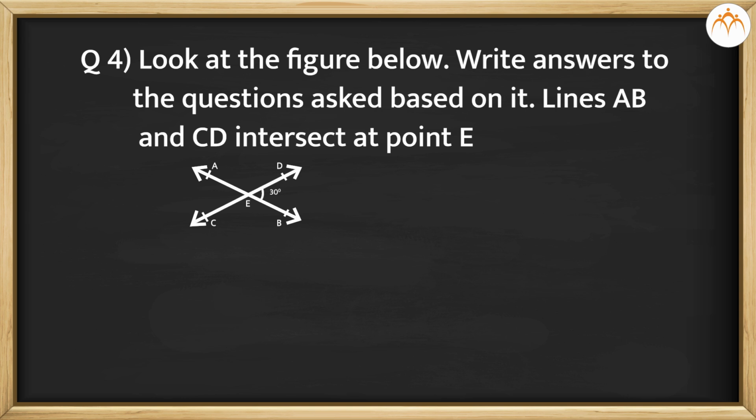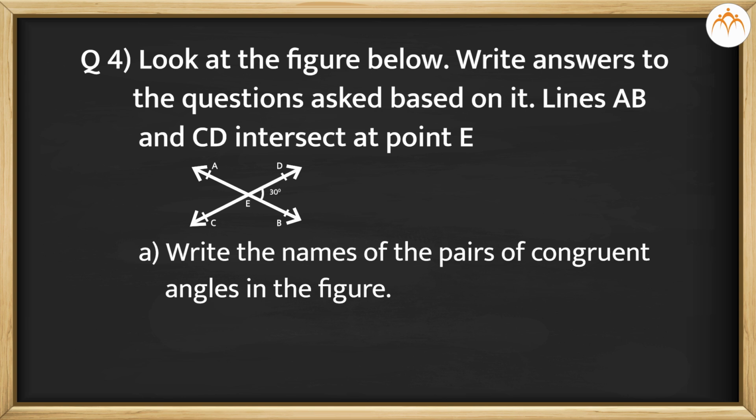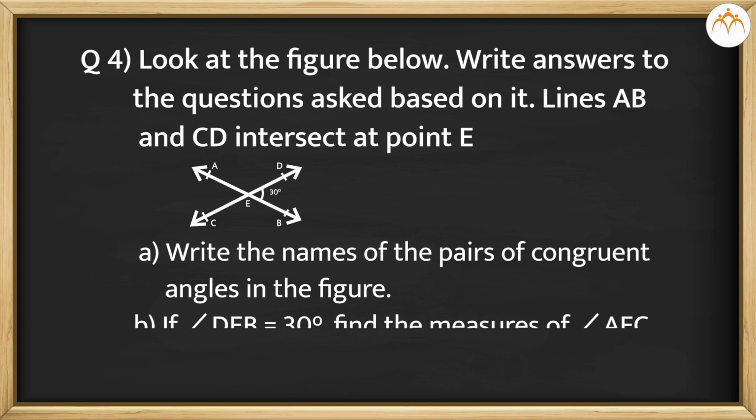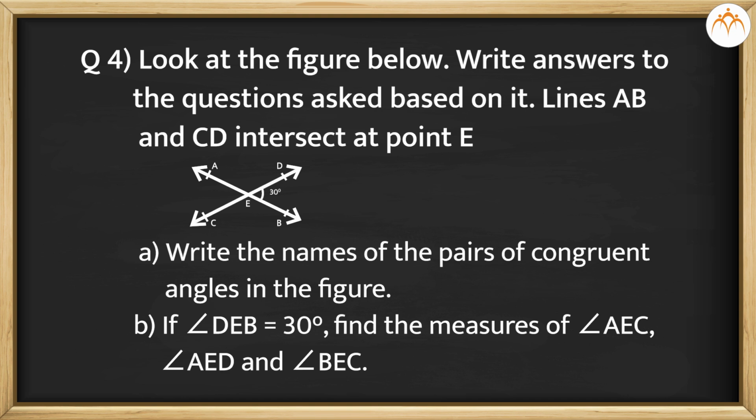Lines AB and CD intersect at point E. A. Write the names of the pairs of congruent angles in the figure. B. If angle DEB is equal to 30 degrees, find the measures of angle AEC, angle AED and angle BEC.